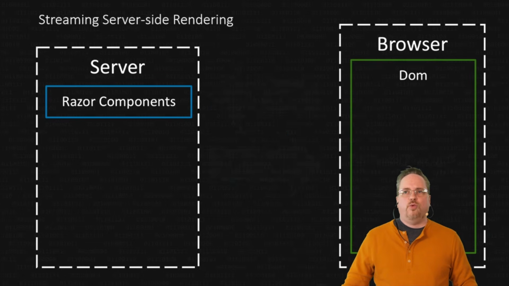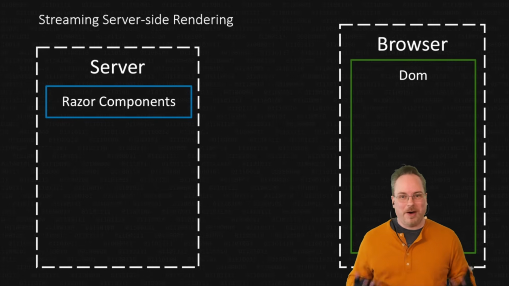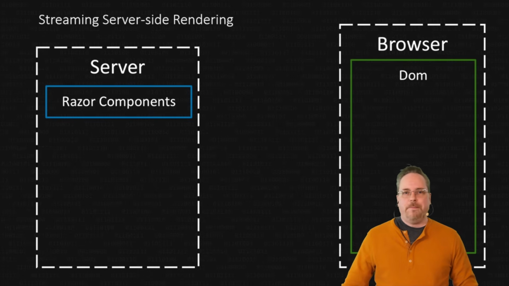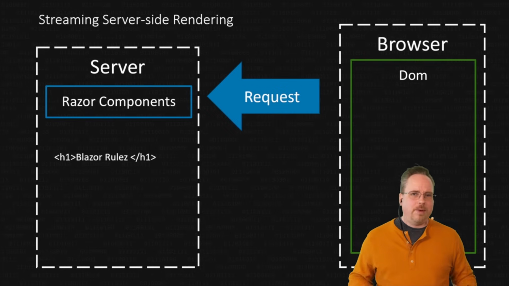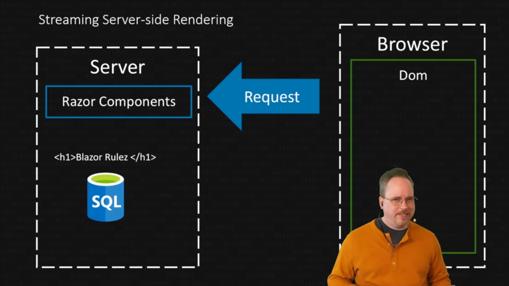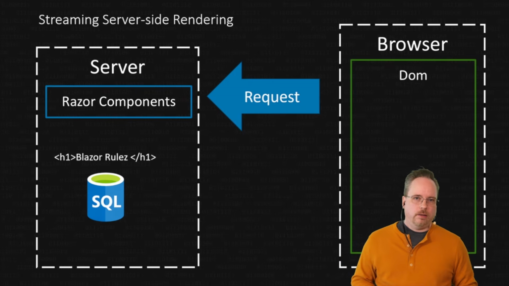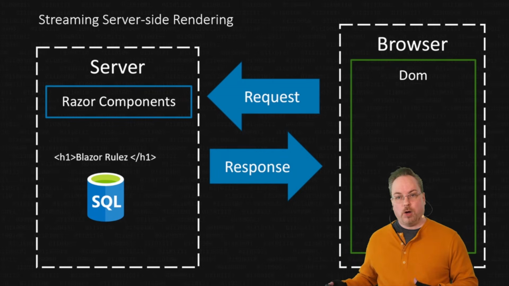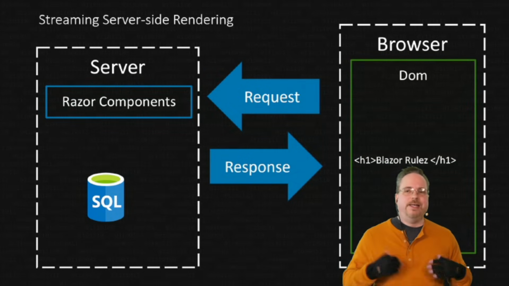Then we got streaming server-side rendering, which is something that you're going to see in a bit that I'm actually quite excited about. So what is happening is that we are doing a request, we are rendering something, then we might do something with the database, for example, a database call. We're getting some data. But while we're doing that, we can send back a response and also send back a fetch promise. So we're saying that we're going to get some more data.